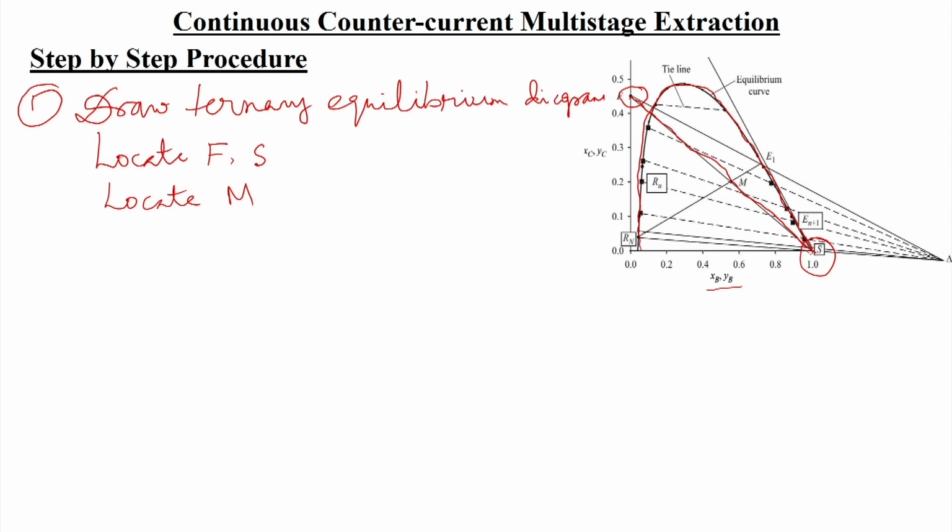So, this mixture means if we know M, then from the component balance we will be getting this x m. So, from there we will be getting this M. Okay.